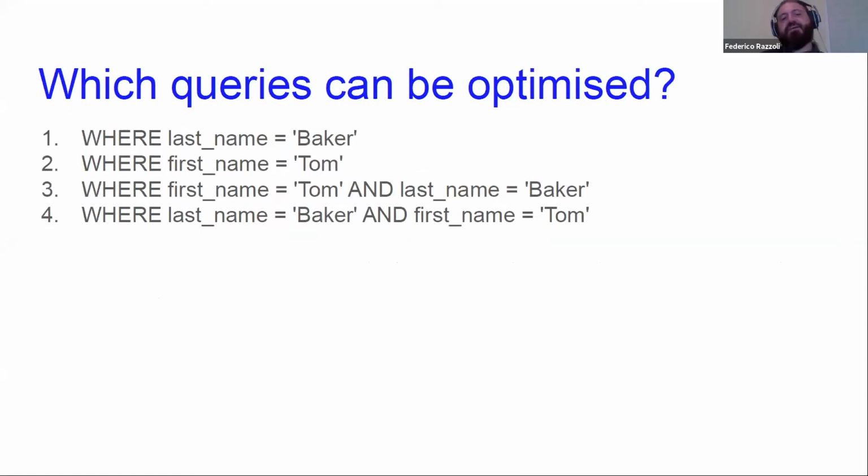So let's see some queries. Imagine that there are some select certain columns from phone book, and then they are followed by these where clauses. I hope that everyone understands a little bit of SQL, but actually this is very simple syntax.